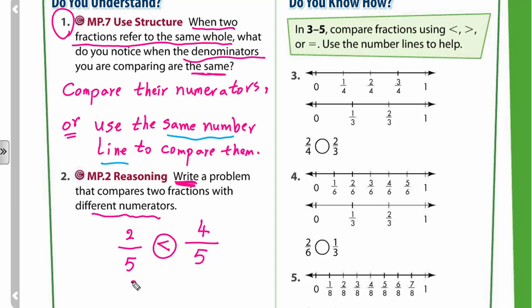Okay, but if we use 2/4 and 2/3, we have the same numerator, so this is different. This is not the question. In this question, I need 2/6 and 1/3. Okay, this is a good one.